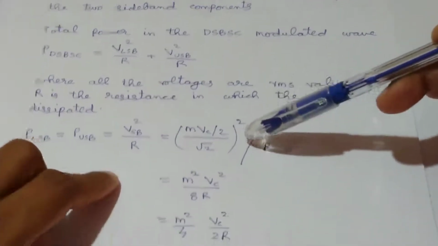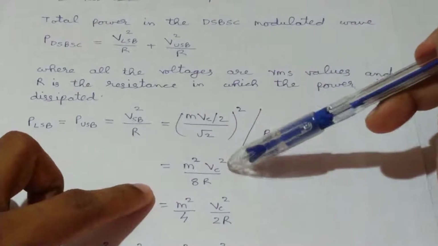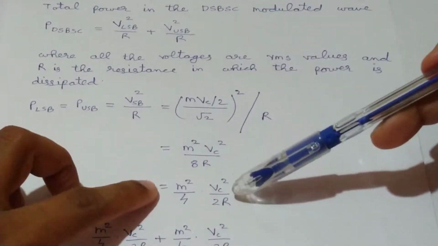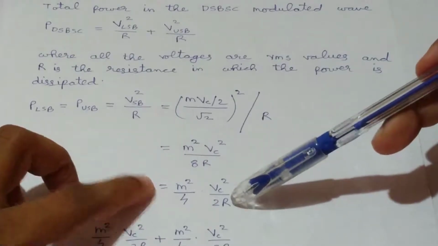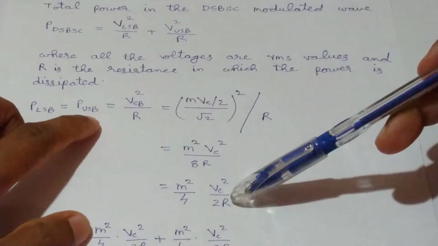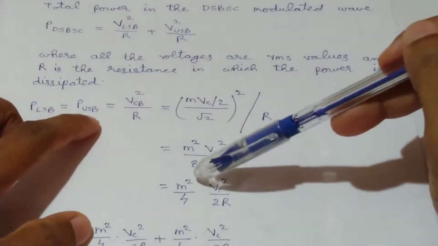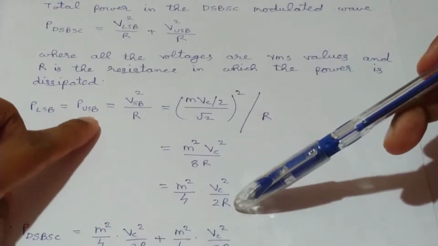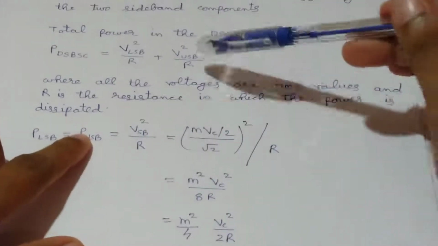Then this is equal to m square Vc square divided by 8R, which is equal to m square by 4 into Vc square divided by 2R. So P LSB is equal to P USB is equal to m square by 4 into Vc square divided by 2R. Now substitute these two values here.